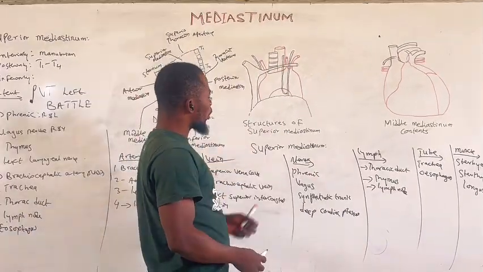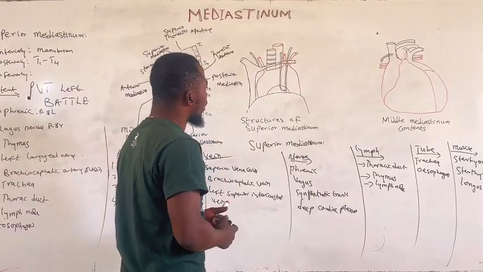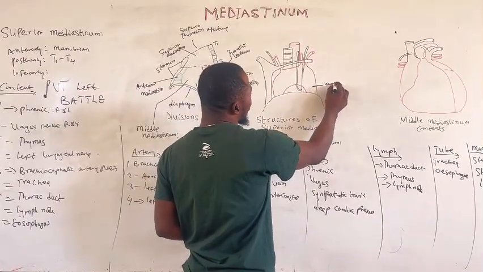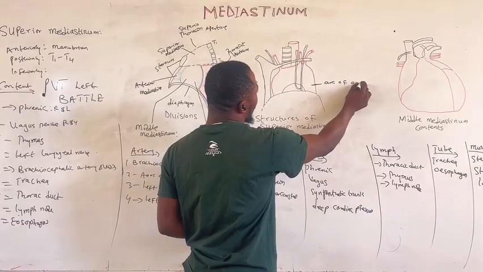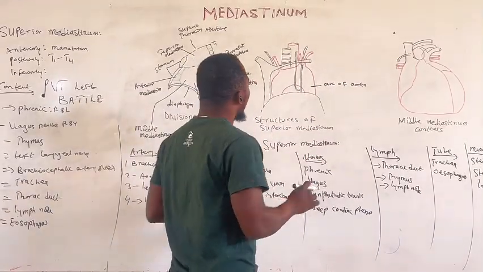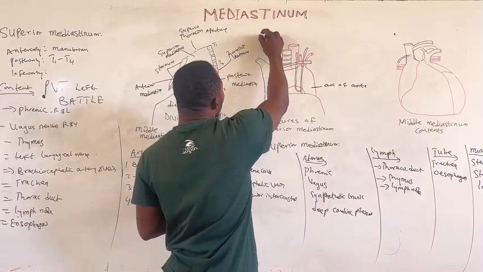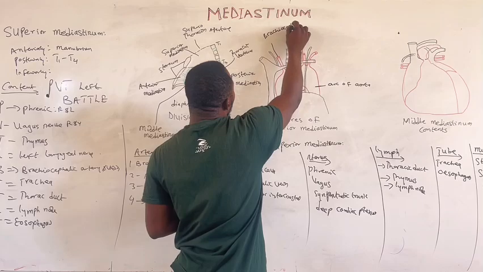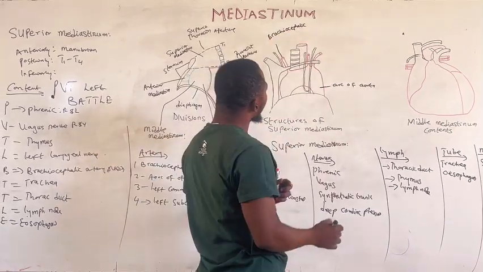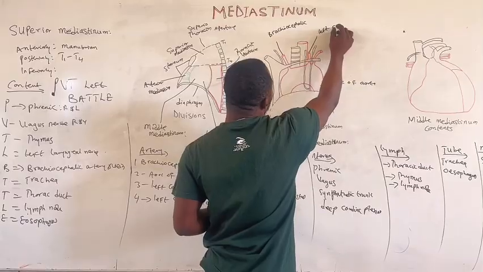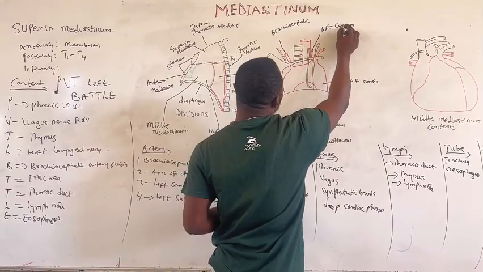This diagram here is showing some structures that we can see in the superior mediastinum. From here, this is our arch of aorta, and the arch of aorta has three branches. Here is our brachiocephalic trunk, and branching off this, the left common carotid.